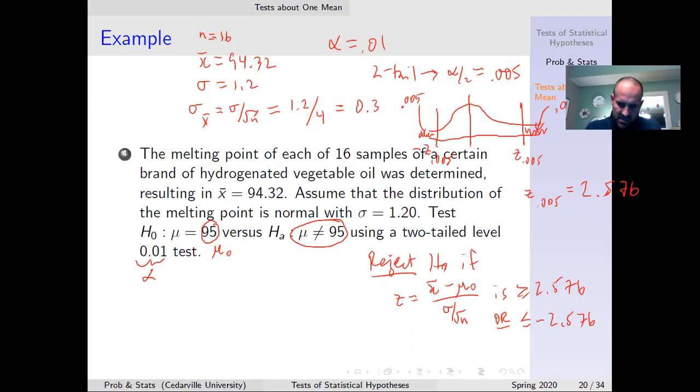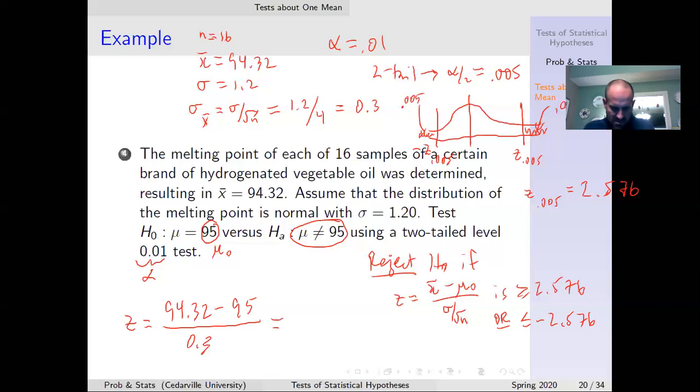Well, what is this thing? The test statistic I get is z equal to 94.32 minus 95 over sigma over the square root of n. I already computed that. That was 0.3.